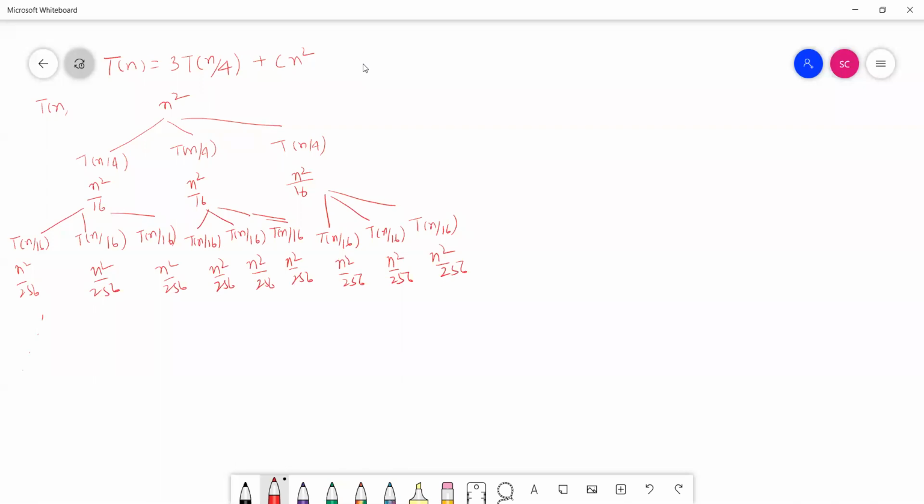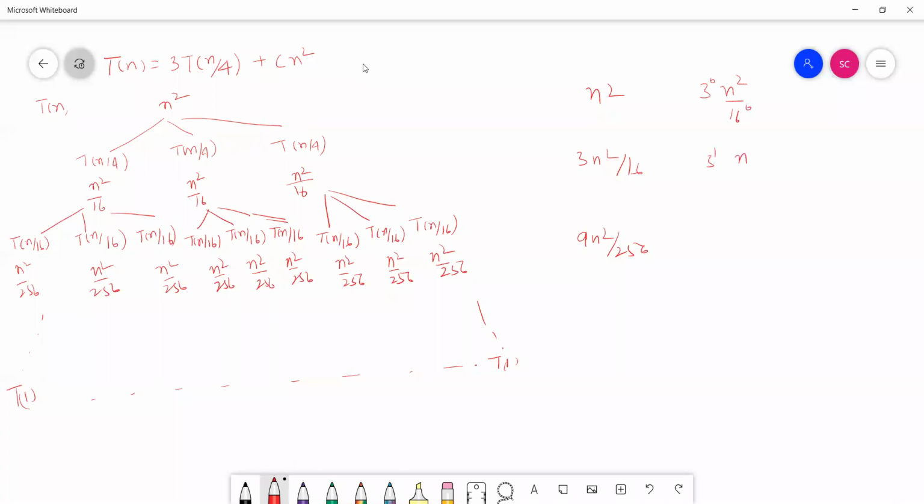And this will terminate when the input size will be 1. Okay. So work done here is n square. Here we have 3n square upon 16. Here we have 1, 2, 3, 4, 5, 6, 7, 8, 9, n square upon 256. So this can be written as 3 to the power 0 n square upon 16 to the power 0.